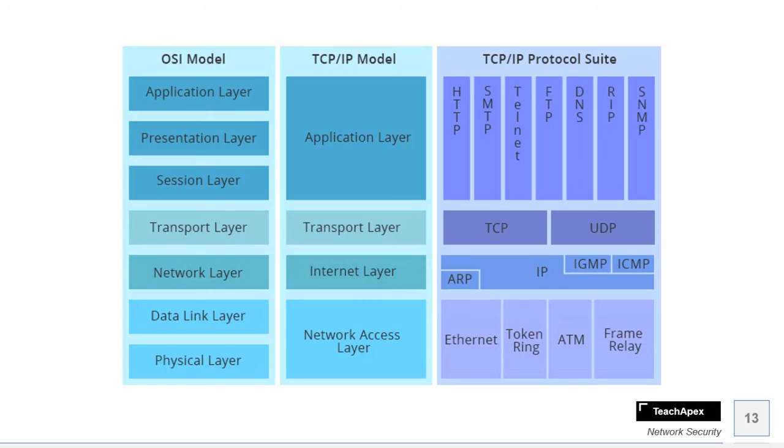These are the protocols at internet layer, or you can say network layer in OSI model. Then at transport layer, we use TCP, UDP, and at the upper layer, you can see HTTP, SMTP, Telnet, FTP, DNS, RIP, SNMP. So this is the complete protocol suite of TCP/IP model.